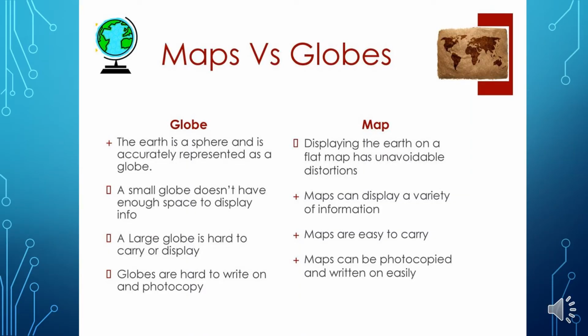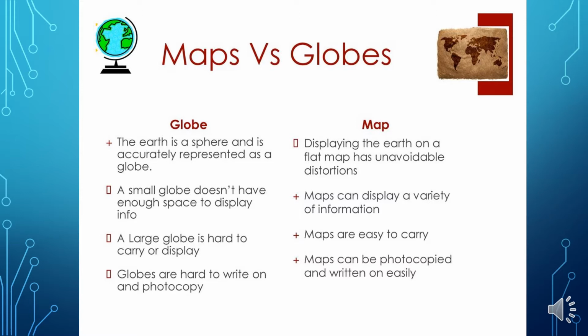Next, we can see the difference between maps and globe. So, we know that the globe is a sphere and is the accurate representation of the Earth, whereas a map is just a display and it is on a flat surface. A globe doesn't have enough space to display all the information, whereas a map can display a variety of information.